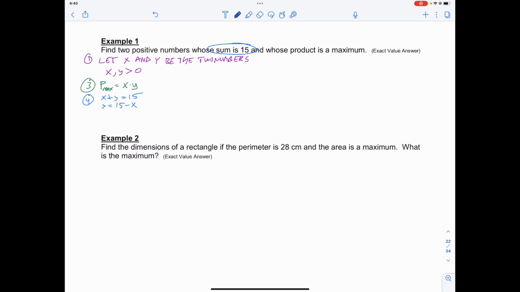So I'm going to rewrite that original equation and say that the product is going to equal x times 15 minus x, or that the product is actually going to be the same as 15x minus x squared. And now I have an equation in one variable.